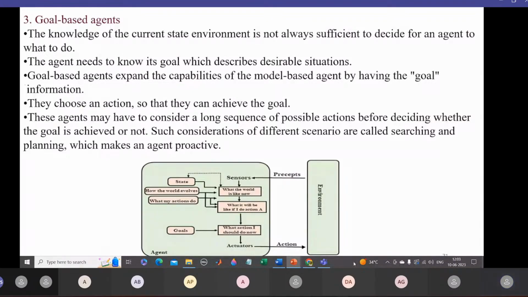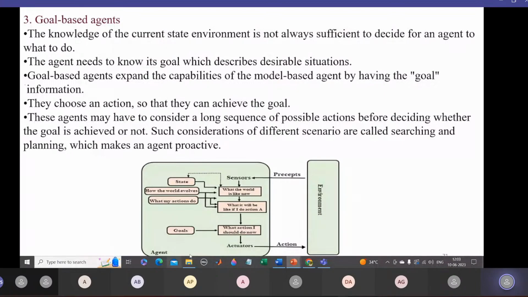Next is the goal-based agent. Instead of the condition, they go for the goal. Knowledge of the current state is not sufficient for an agent to decide what action to take. The agent needs to know its goal, which describes desirable situations. Goal-based agents expand the capabilities of the model-based agent by having goal information instead of condition information.